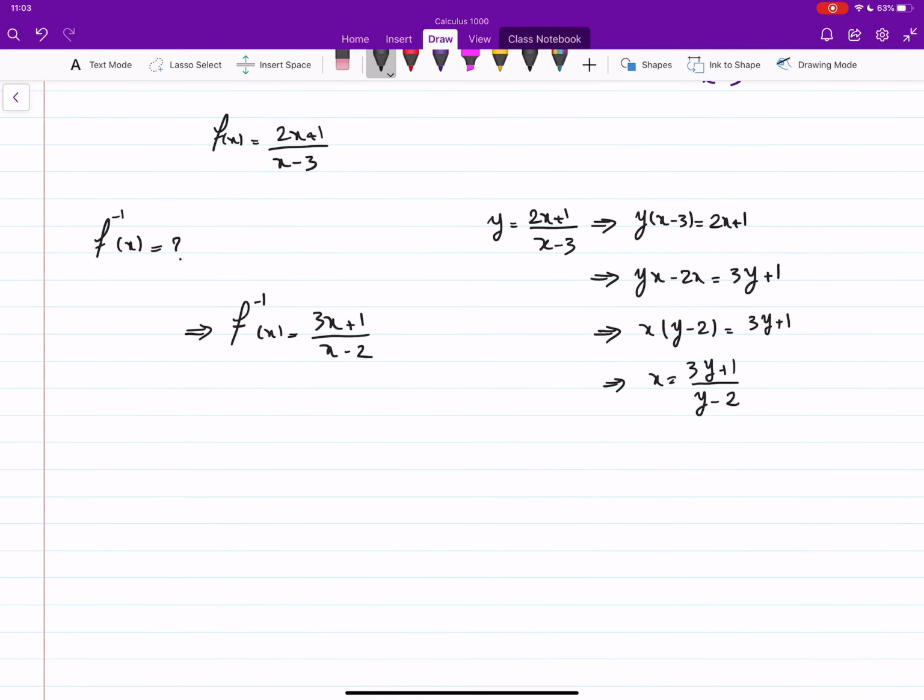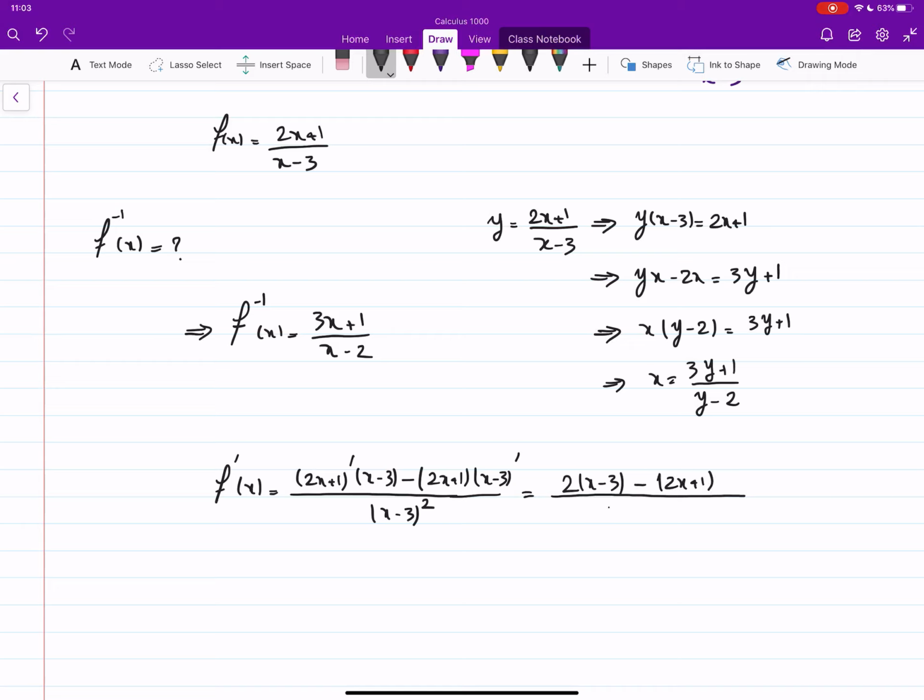How about f prime of x? This is the quotient rule: the derivative of 2x plus 1 times x minus 3, minus the numerator itself times the derivative of the denominator, all over the denominator squared. So this gives 2 times x minus 3 minus 1 times 2x plus 1, over x minus 3 squared.